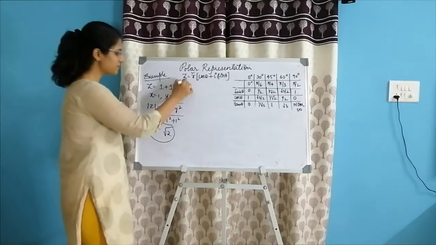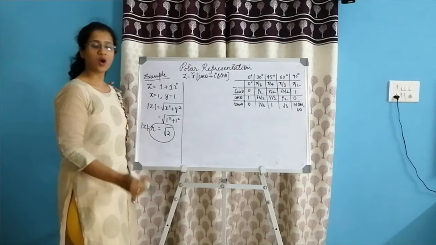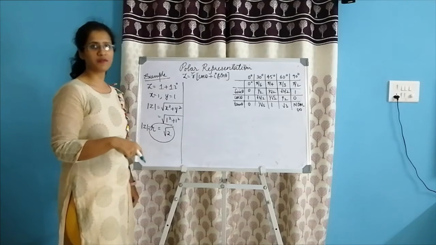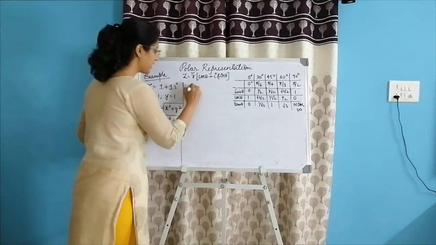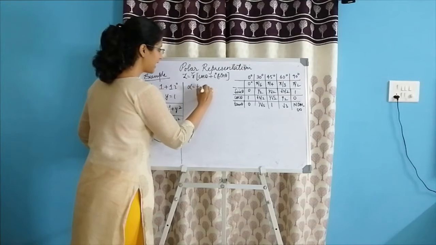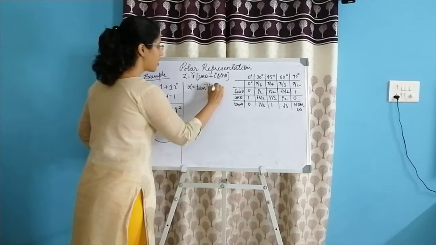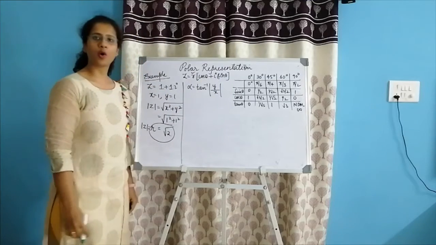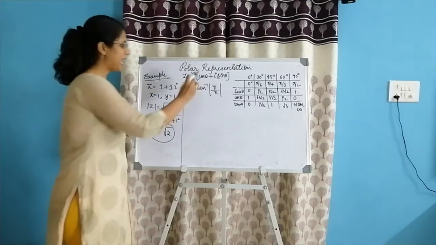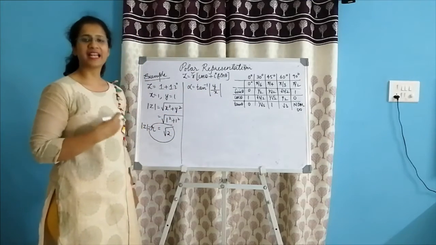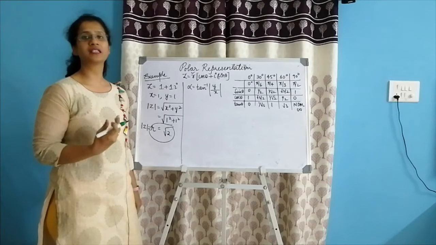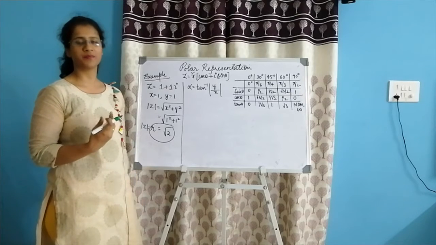Now I have to find the value of theta. How do I find the value of theta? First I find the value of alpha. Alpha is given by tan inverse of modulus of y by x. We all know what the work of modulus is. Any term which is in a negative context, it will convert into a positive term.